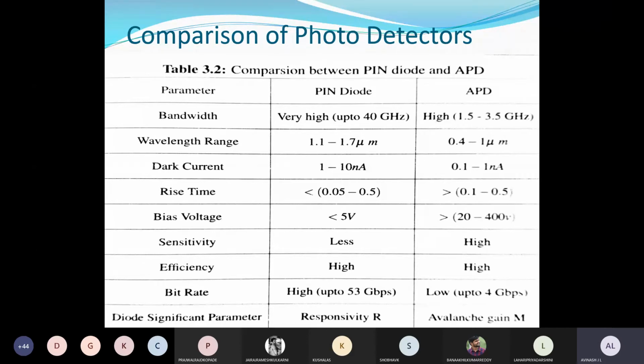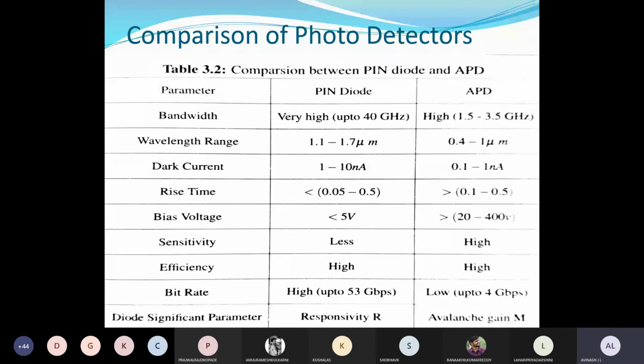Now when you're talking about efficiency, both have high efficiency, because they are made to work with these particular technical parameters. They will definitely work, so efficiency is high in both. When you're talking about the bit rate, with the PIN diode it is high, up to 53 gigabits per second.